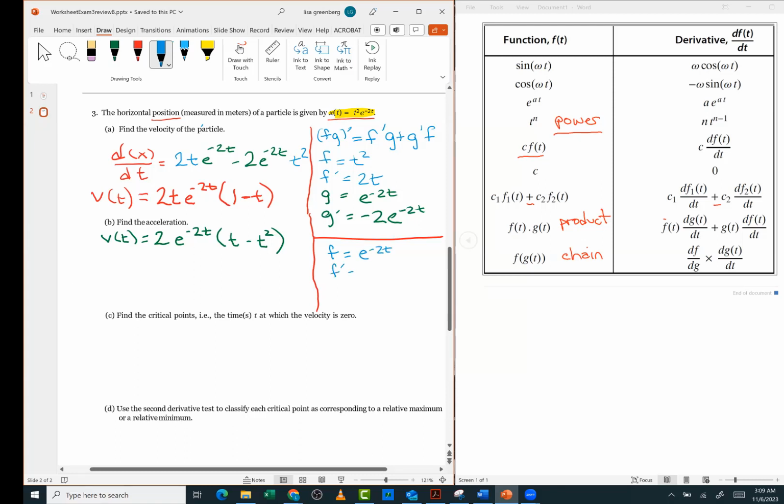F prime is equal to minus 2e to the minus 2t. G is equal to t minus t squared, and g prime is equal to 1 minus 2t. Now I have everything I need.